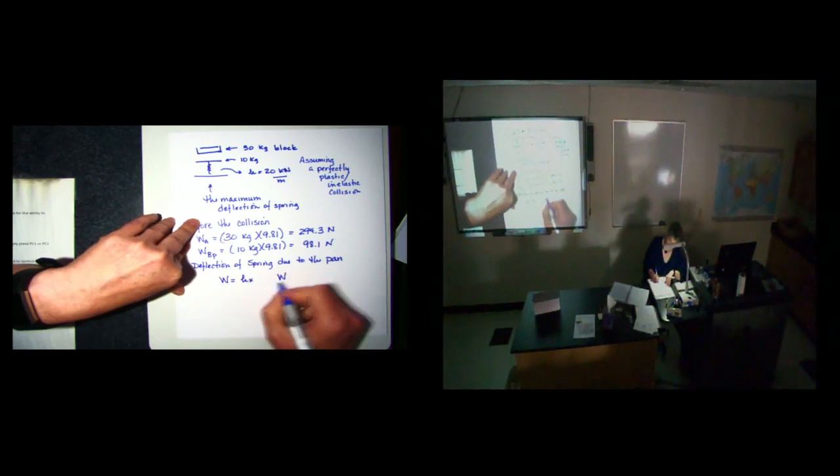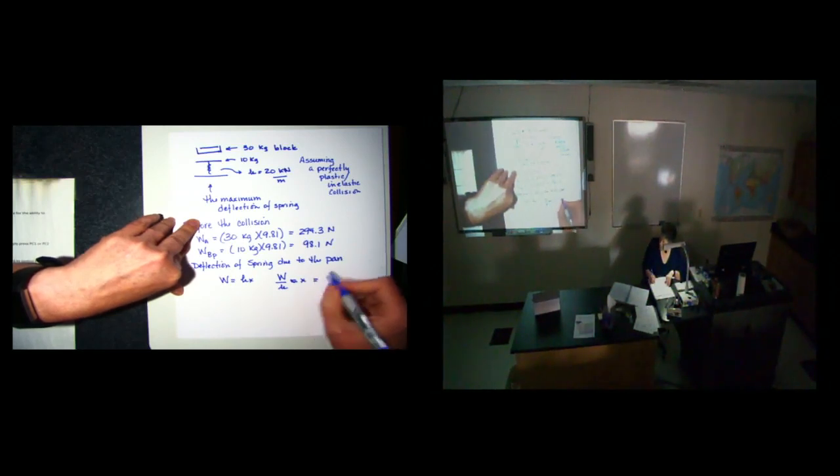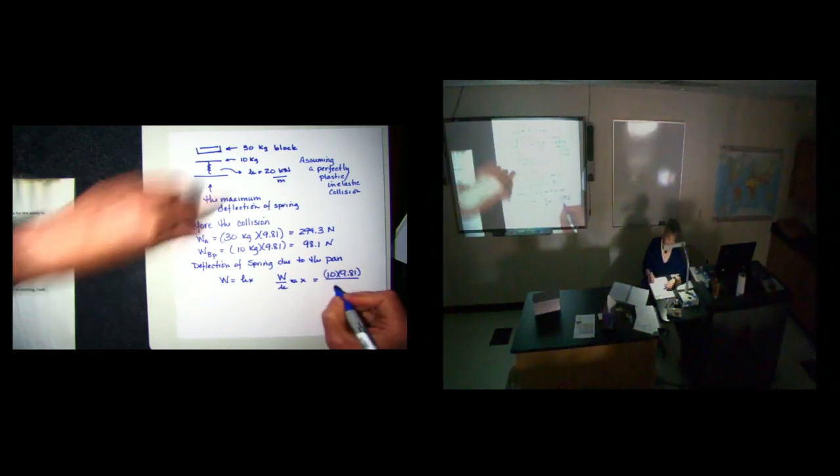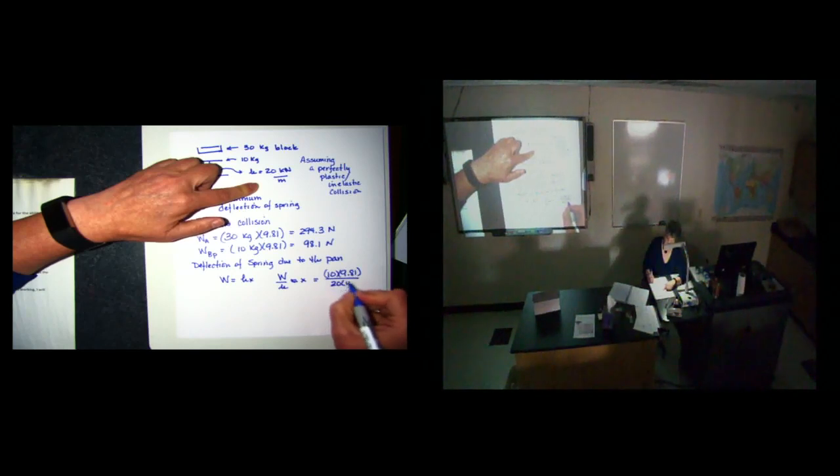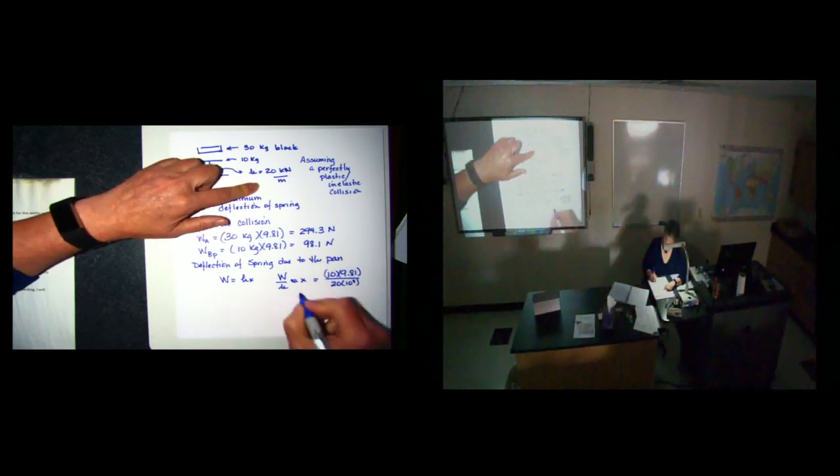I'm also going to have the potential energy of the block. That's my 30 kilograms times gravity, and we're dropping it from a height, I just didn't write it down, of 2 meters.